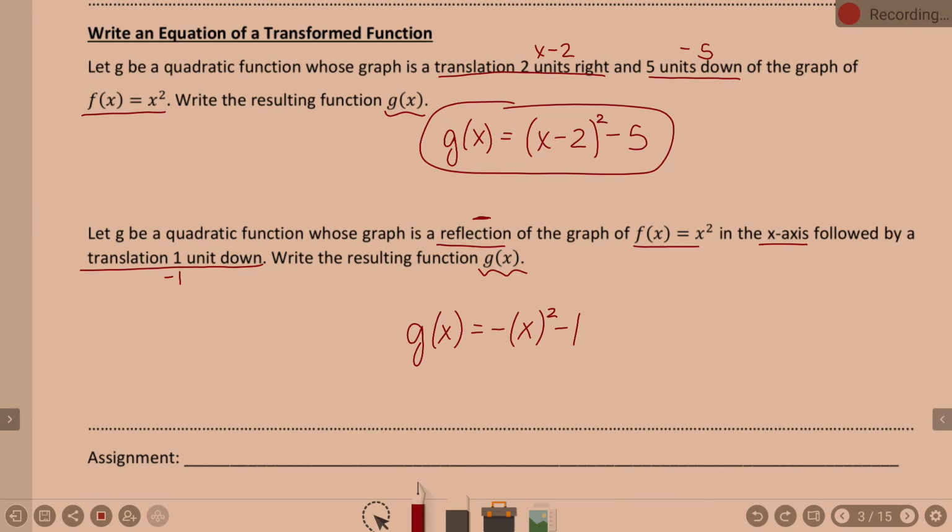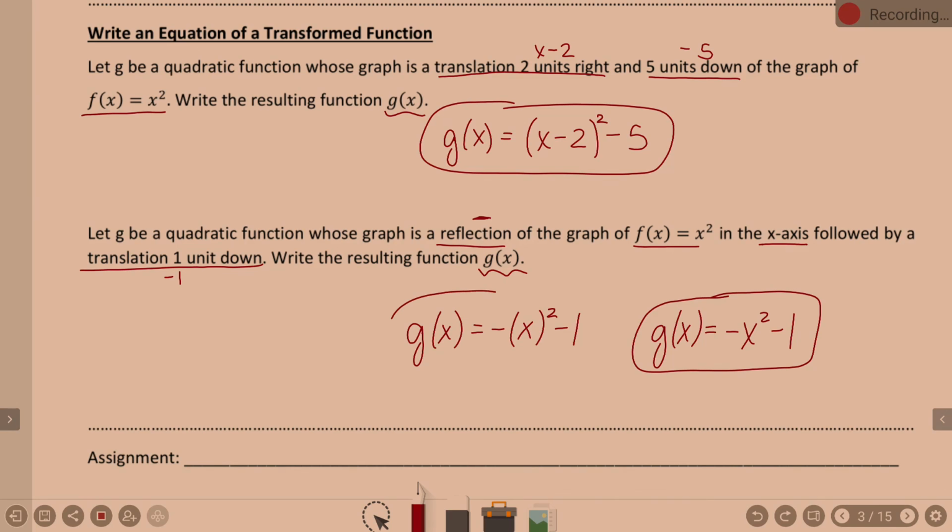Now, I will take this. What's the one way I could clean it up and still have the same answer? What can we drop off of this? If you write negative x squared minus 1, that works also. Okay? So this would be the cleanest answer.